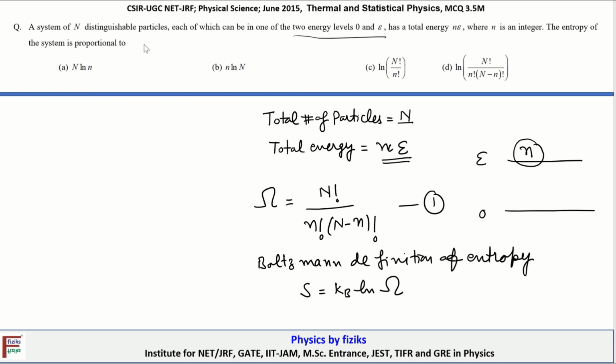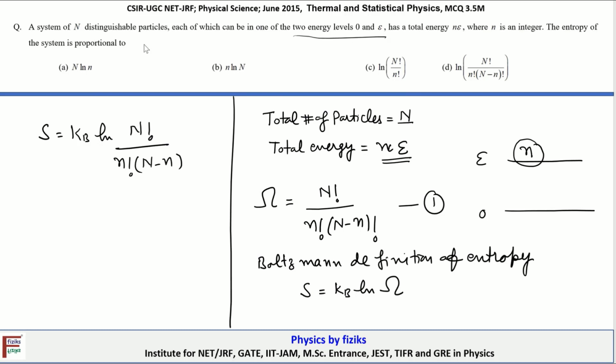S is equal to k_B ln omega. So with the help of this equation, the entropy of the system comes out to be k_B ln of N factorial divided by n factorial times (N minus n) factorial. So the entropy is proportional to ln of N factorial upon n factorial times (N minus n) factorial. Therefore D is the correct option here.